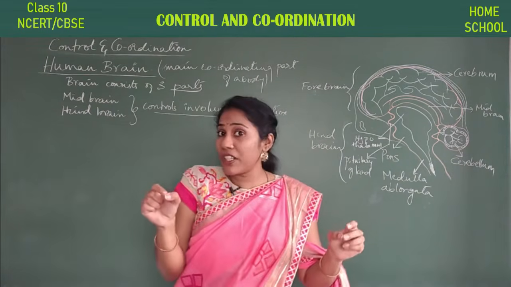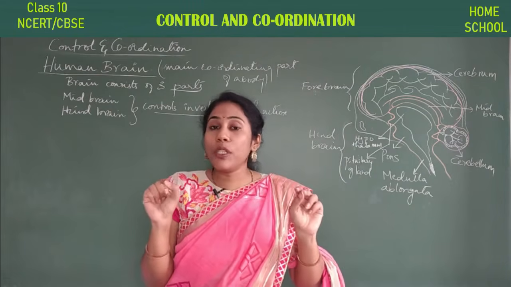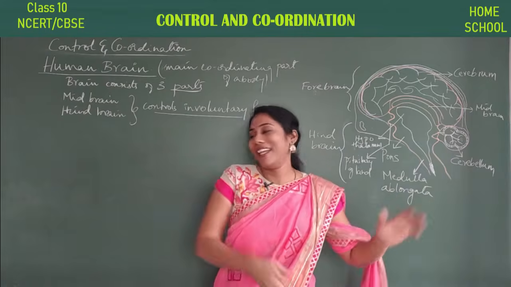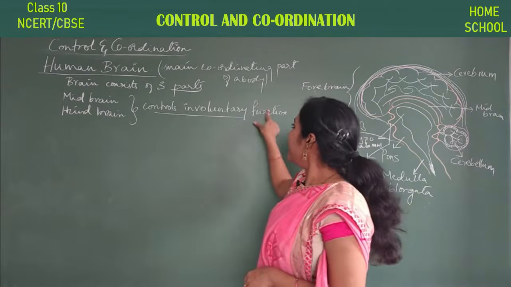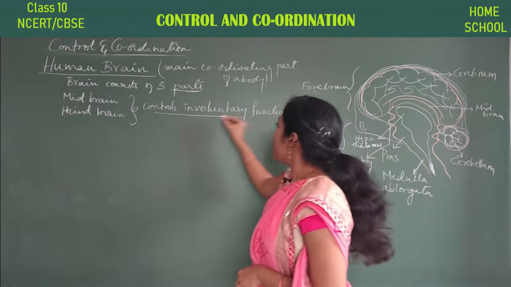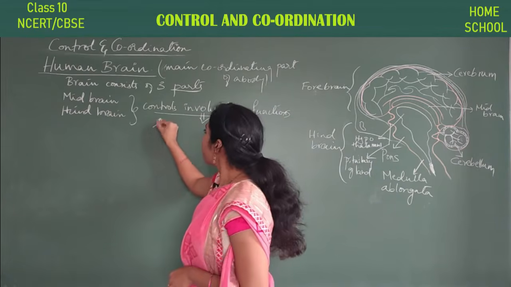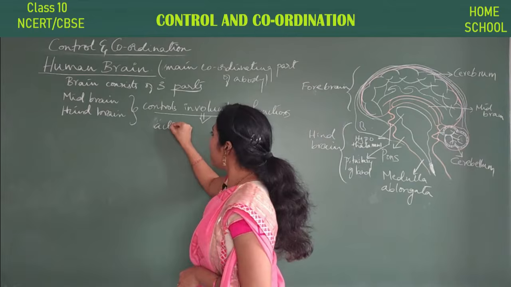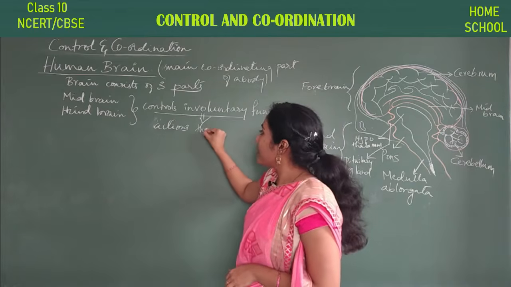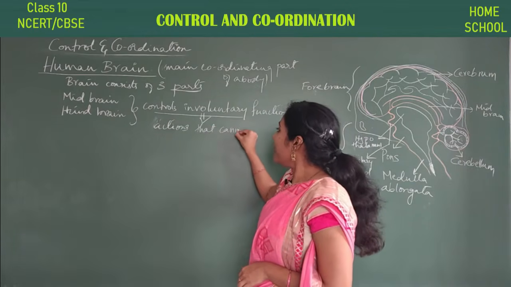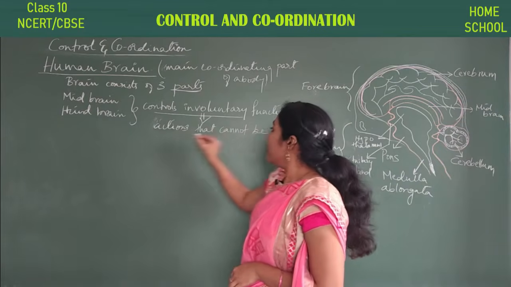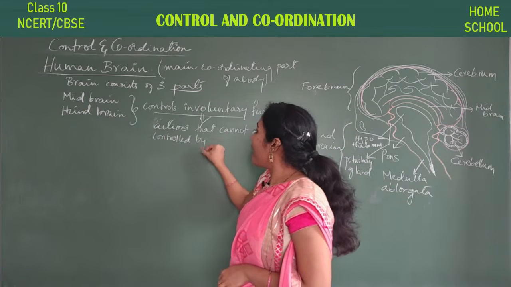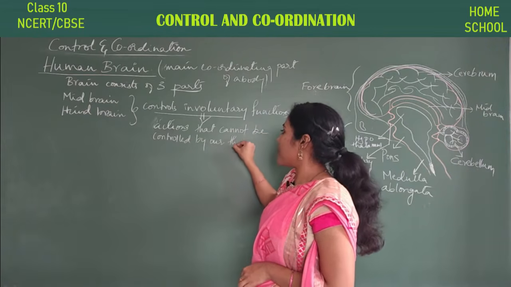What were the voluntary functions? Functions that can be controlled by our thinking process, like jumping, walking, fighting, whatever. And involuntary functions, in simple language, are actions that cannot be controlled by our thinking process.